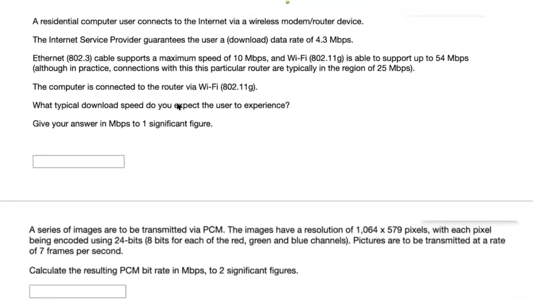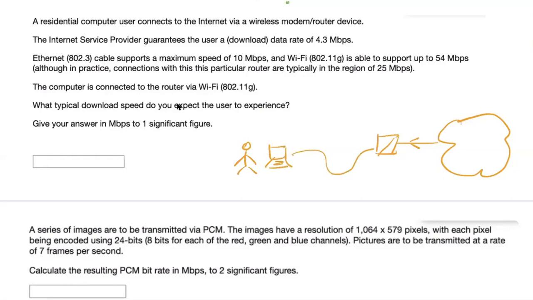Okay, next question. Again, we have this residential computer user, and they're connected. So same kind of scenario. So you have a modem router, and that's connected to the cloud, and you have a download rate, and you have, let's draw a little computer. You have either a Wi-Fi connection or an Ethernet connection.